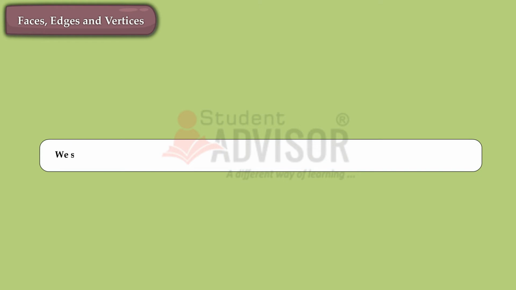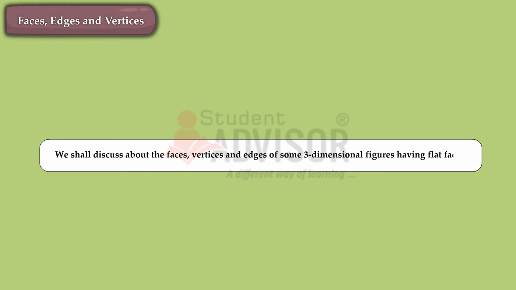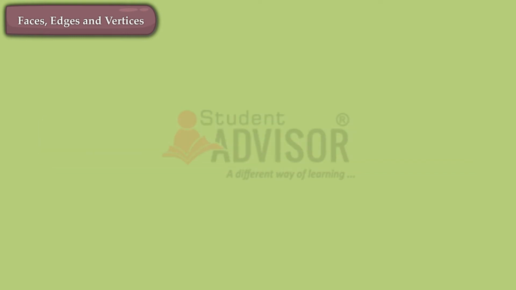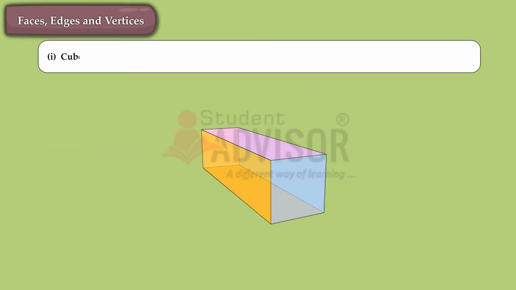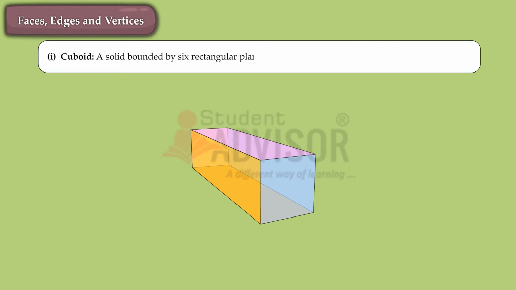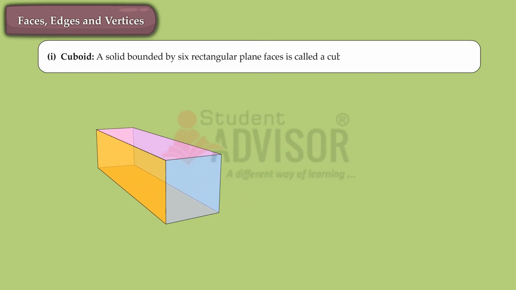We shall discuss the faces, vertices, and edges of some three-dimensional figures having flat faces. Cuboid. A solid bounded by 6 rectangular plane faces is called a cuboid.